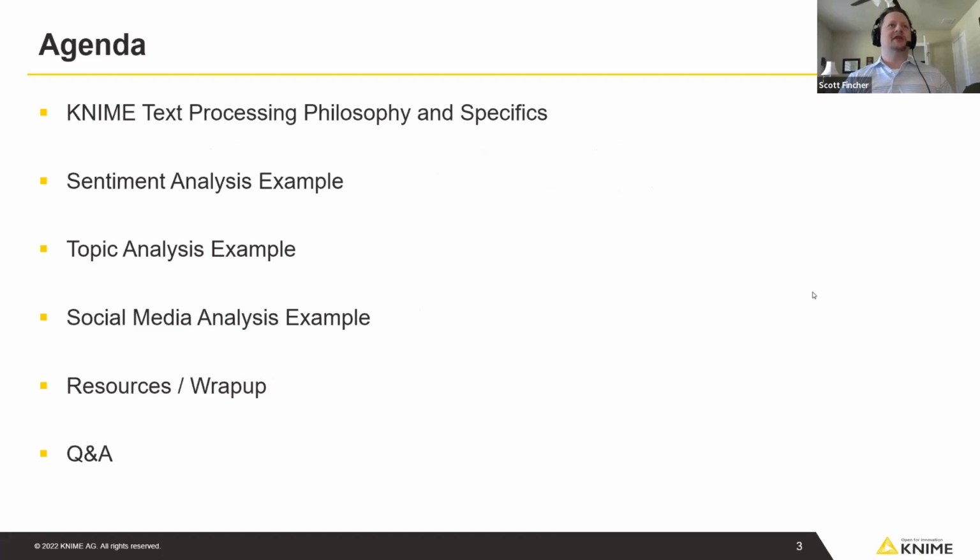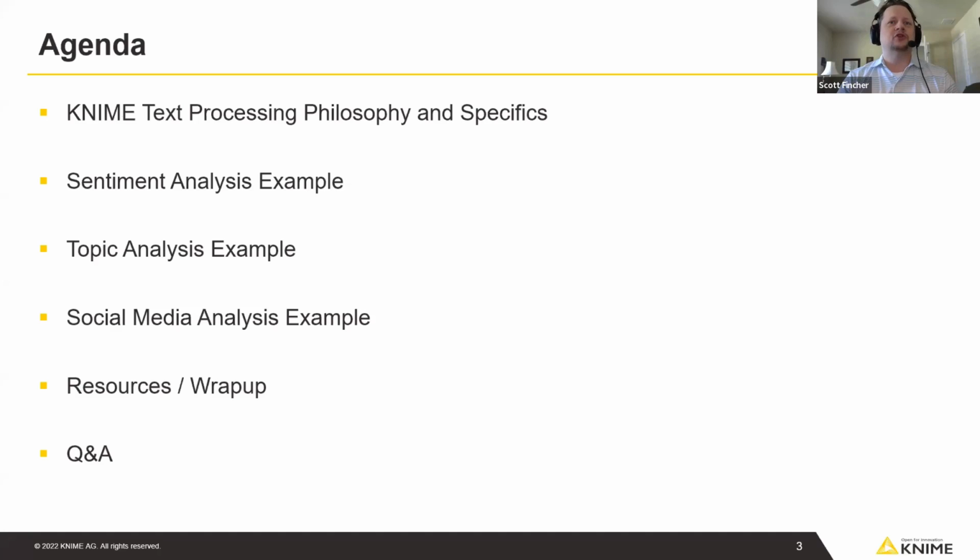What are we going to talk about today? Well, I'm going to start with the philosophy of text processing and how we specifically approach that in KNIME. And then we're going to have several example workflows for you. So we're going to have a sentiment analysis example where we classify some movie reviews as being positive or negative. I'm going to hand it over to Lisa, and she's going to talk about topic analysis and give you an example of that as well.